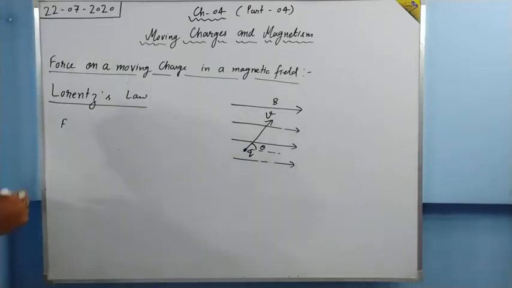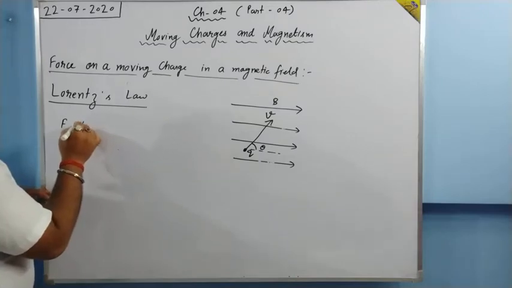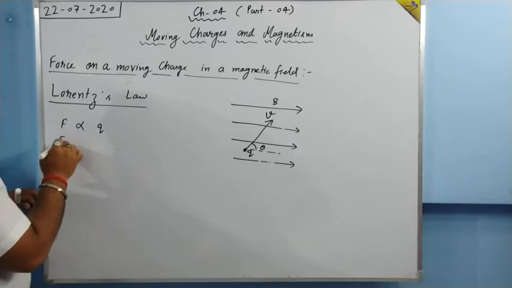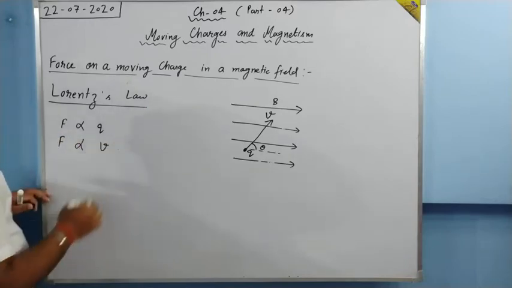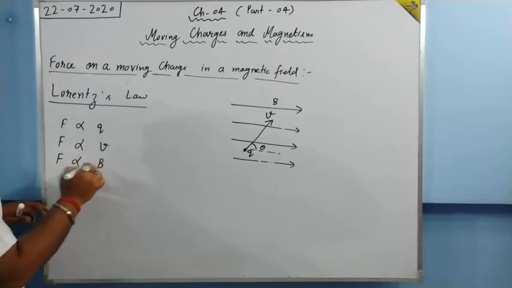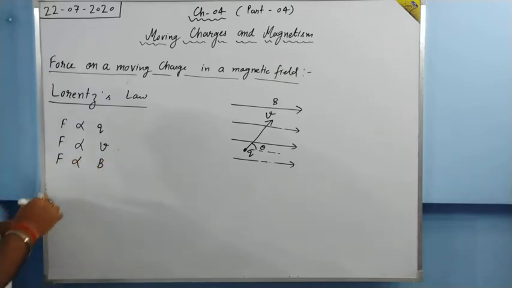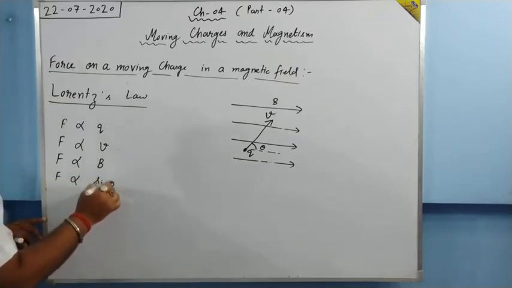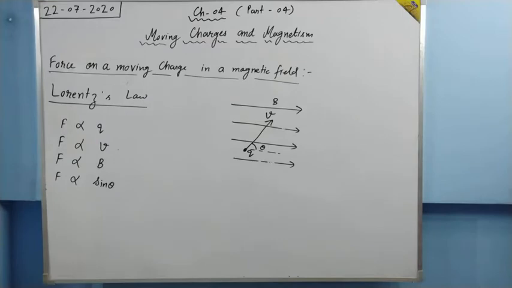That force is directly proportional to the magnitude of the charge. It is proportional to the velocity of the charge. It is proportional to the strength of the magnetic field, and it is found that F is proportional to sine theta, the sine of the angle made between the velocity and the magnetic field.